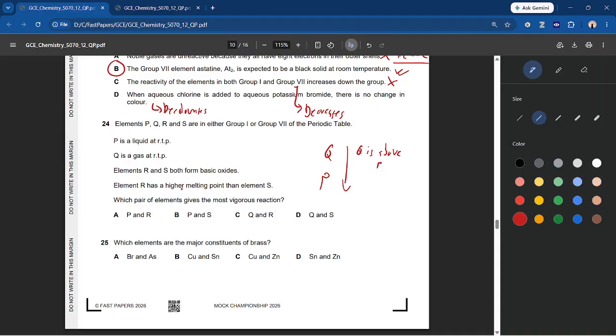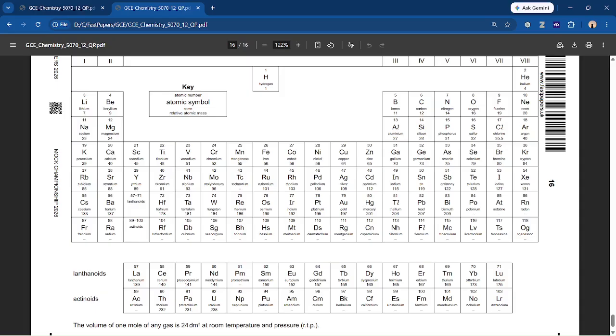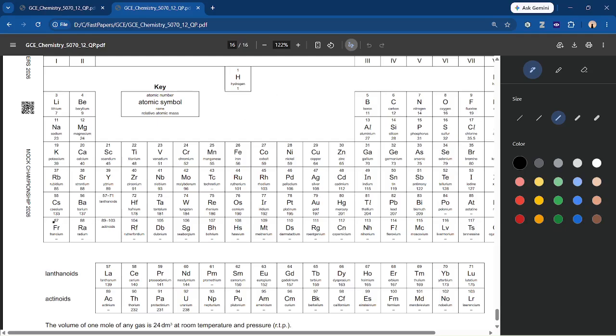Element R has a higher melting point than element S, so that means S is above R in the group. For the most vigorous reaction, you need the one at the bottom of the group. Let me do this on the periodic table. The most reactive reaction that happens here will be between francium and this group 7 element, fluorine.